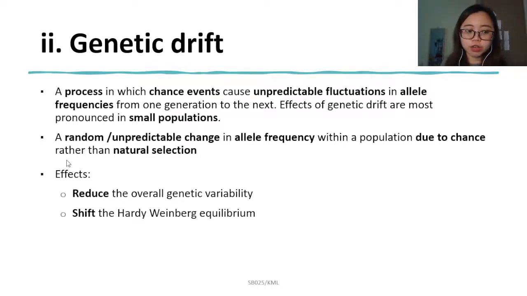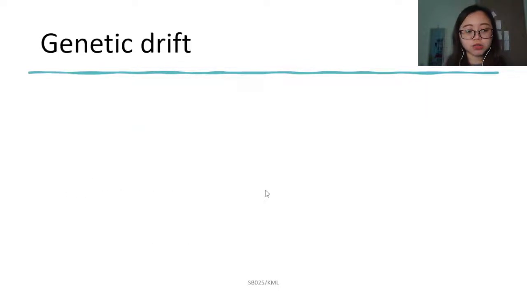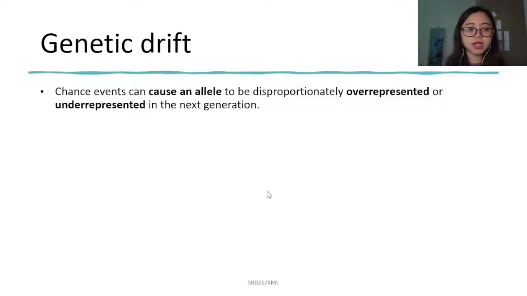Effects of genetic drift is it will reduce the overall genetic variability and shift the Hardy-Weinberg equilibrium of the population. Genetic drift is significant in small populations. These chance events can cause an allele to be disproportionately overrepresented or underrepresented in the next generation.